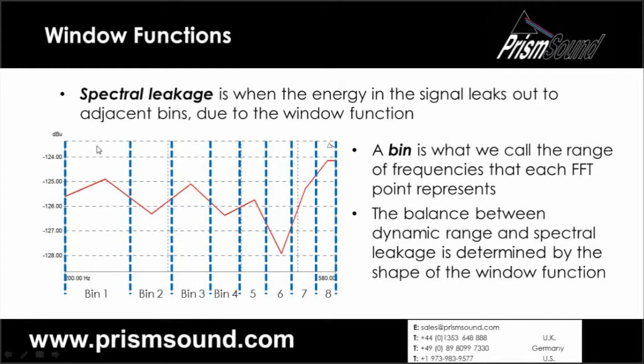So on this diagram on the left, these blue dotted lines are the boundaries between each bin. And you can see this point in the middle of bin 1. That point actually represents that whole range of frequencies. So the balance between the dynamic range and the spectral leakage caused by the window function are actually determined by the shape of the window function.